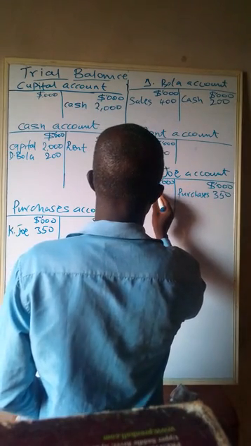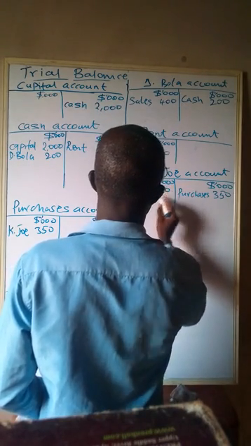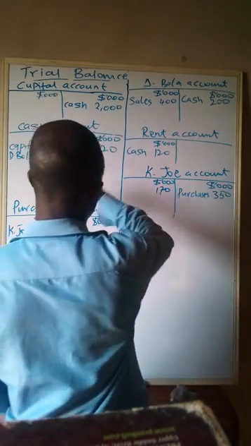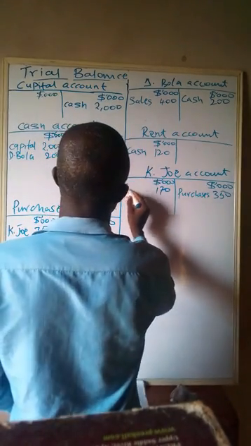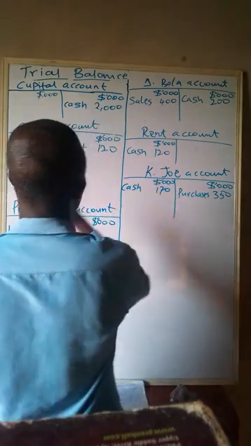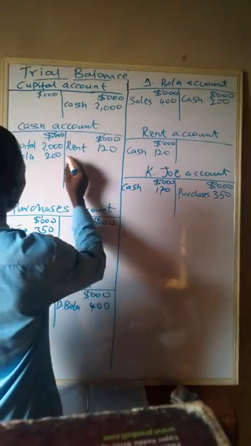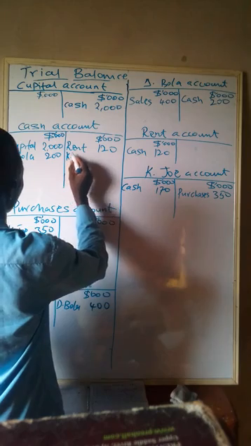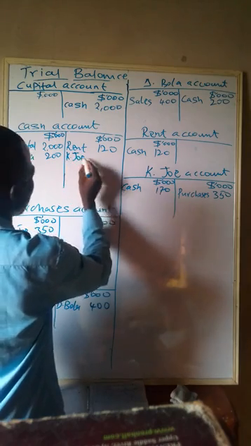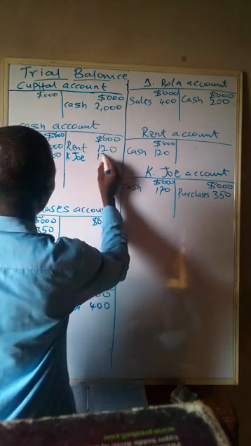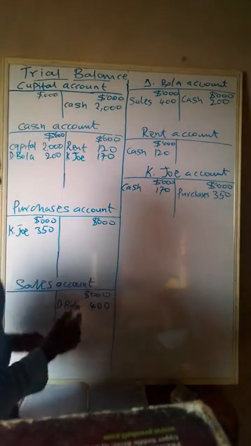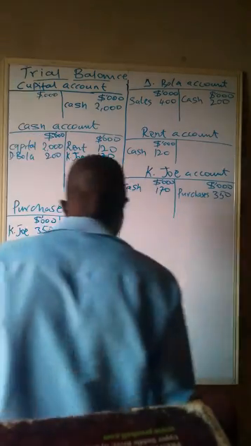Kejo is receiving 170,000, and that is going out from cash. We go and credit cash, and that is Kejo here as the corresponding entry, $170,000.